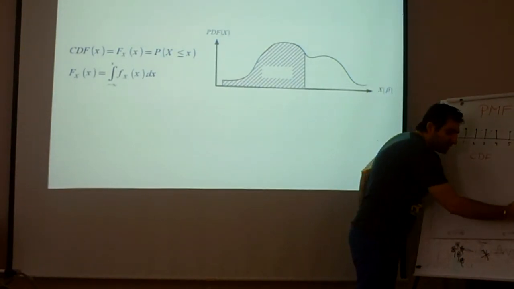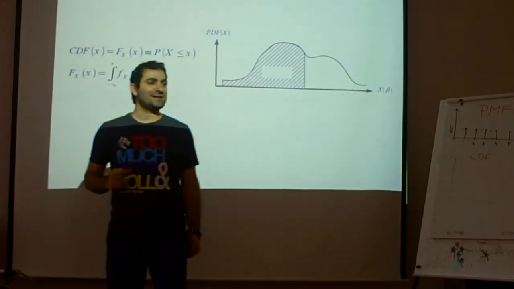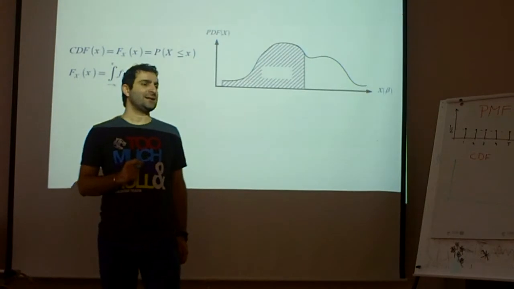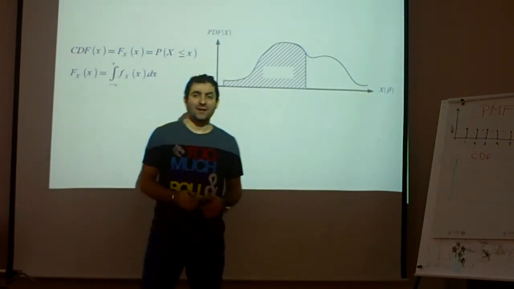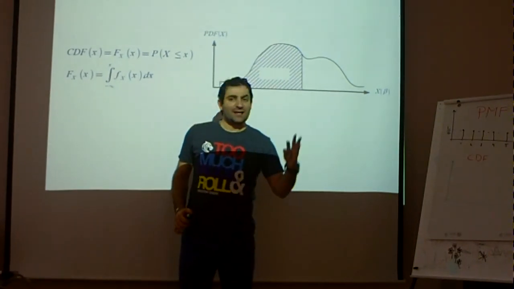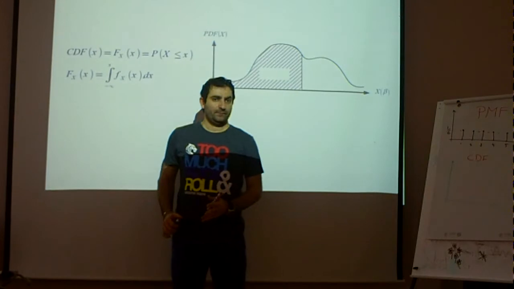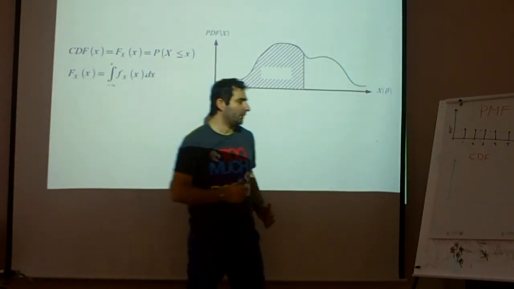Now, if you notice based on the definition of the CDF, I am not talking about the CDF of x equal to 3. It's meaningless. CDF means: what is the value if x is less than or equal to 3? So we always start from minus infinity and we go to that point.